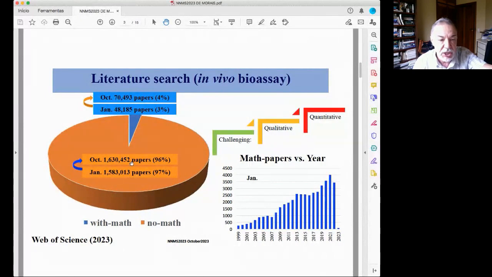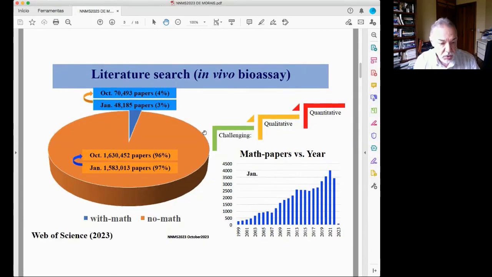We are increasing the number of papers and authors that use any kind of mathematical model to explain the experimental data. This is a very challenging aspect of this kind of research, because we are trying to move from a simple qualitative analysis to a more sophisticated quantitative analysis. So this means a very good news in this regard.